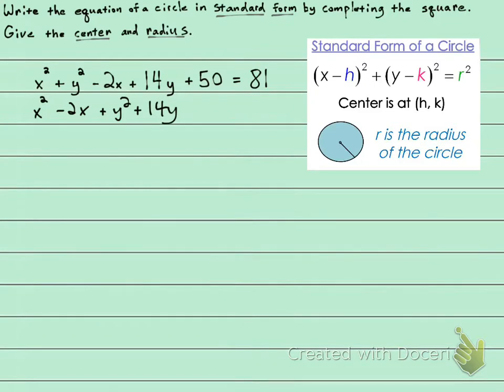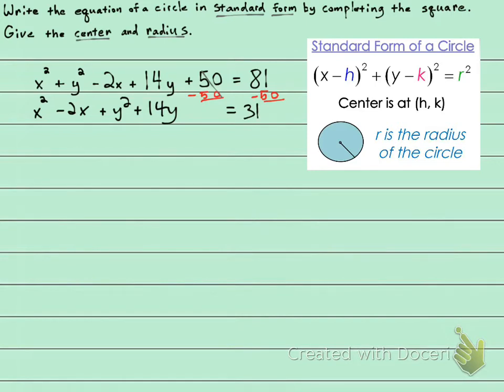And then I'm going to subtract 50 from both sides, so I won't have any constant number on the left. And on the right, I have 81 minus 50, and that is 31.